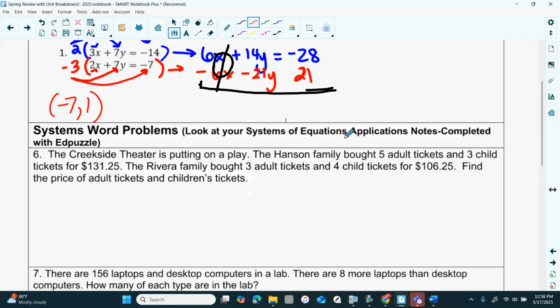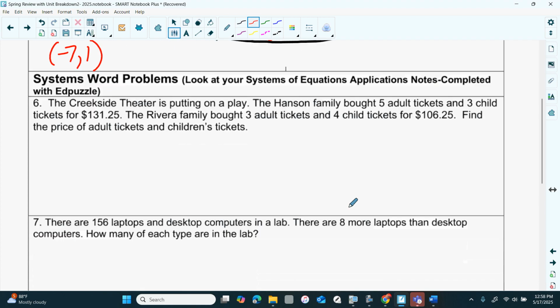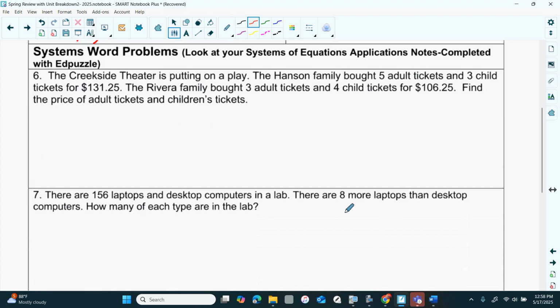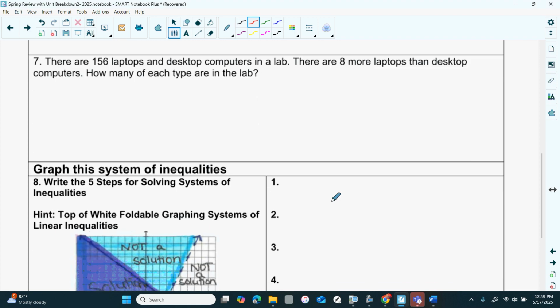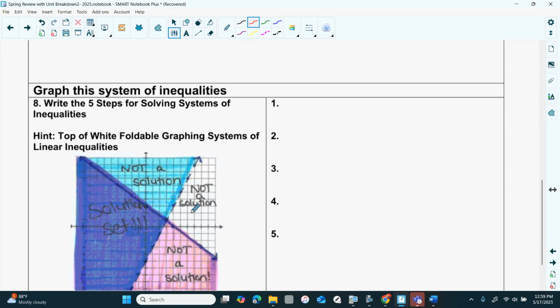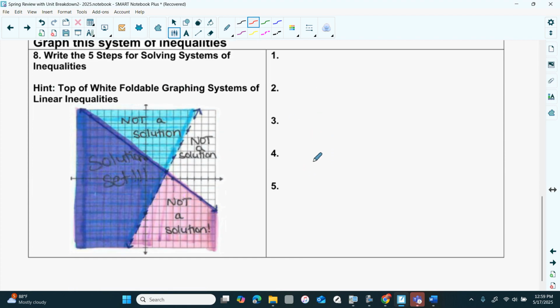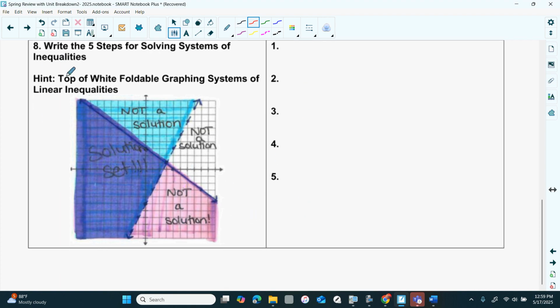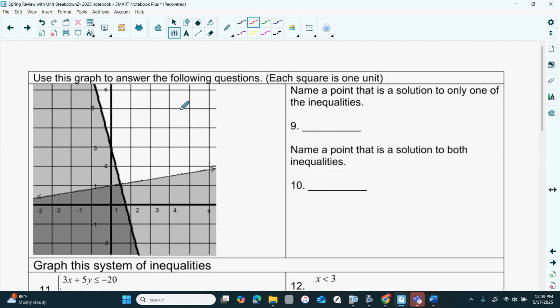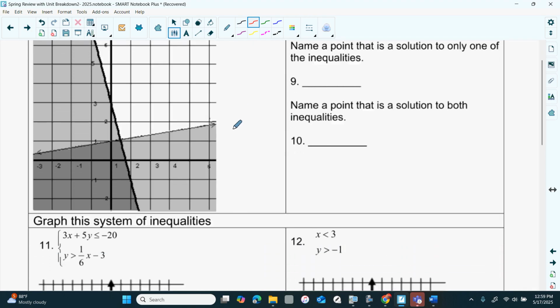So here's some more. It tells you to look at the system application, equation application notes. So in your packet here, you're going to have some notes. You're maybe going to have a problem that was in the notes to do. I'll give you some hints to where to look for it. You do need to record your steps so you can use that on your test. And after every note section that tells you where to focus to review, you will have a problem that correlates with that.